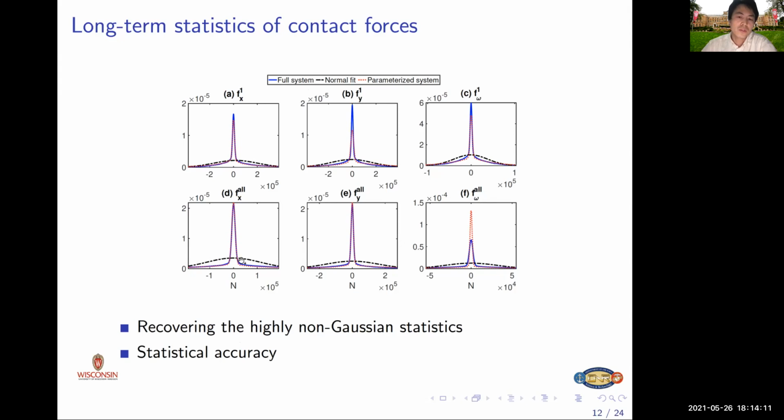The bottom row shows the PDFs for all floes, like all the 6 largest floes. So this figure concludes that the parameterized system accurately recovers these non-Gaussian features in the original system. So we obtain statistical accuracy in the parameterized system.